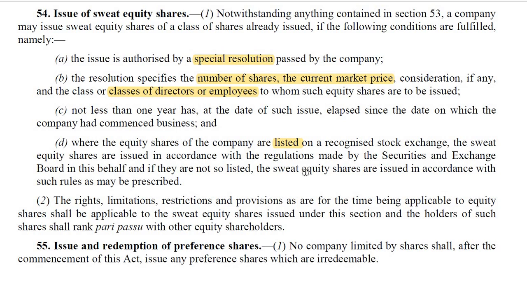The rights, limitations, restrictions, and provisions for the time being applicable to equity shares shall be applicable to the sweat equity shares issued under this section, and the holders of such shares shall rank pari passu with other equity shareholders.